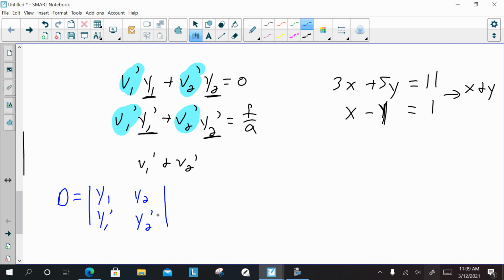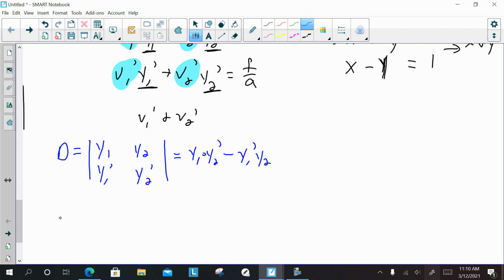Even though those are letters right now, those are going to be things that we have access to for a specific problem. When we take this determinant, we multiply diagonally, so y1 times y2 prime, and we subtract this diagonal product, y1 prime times y2. So that's D.